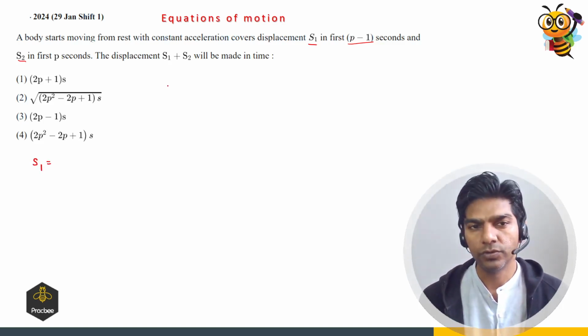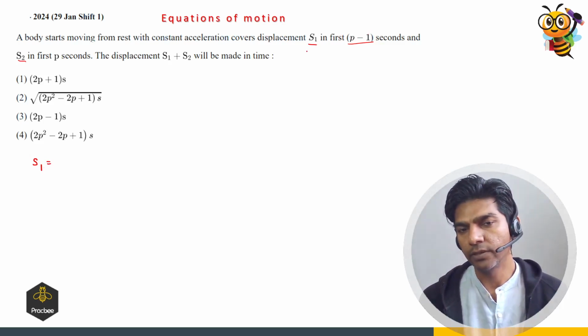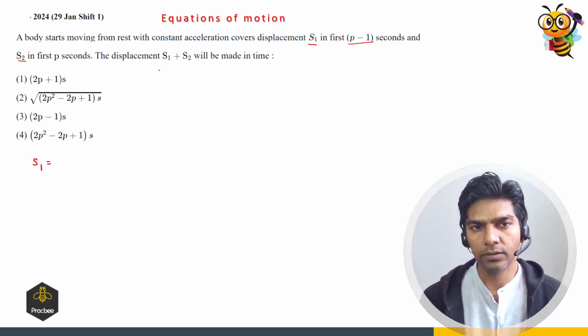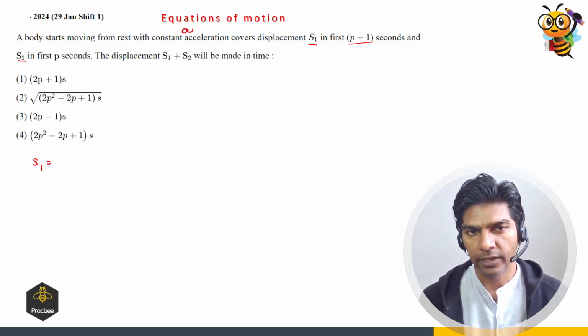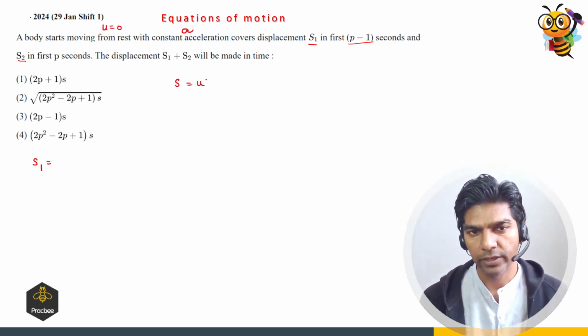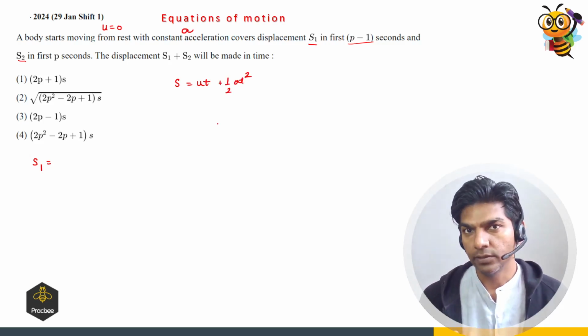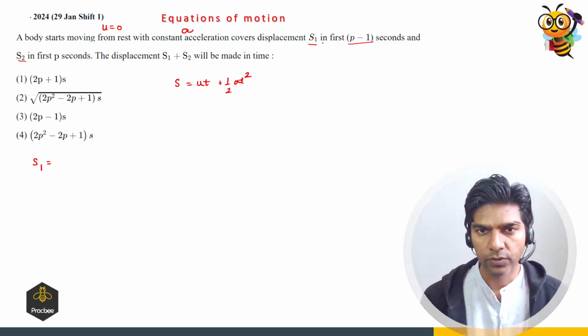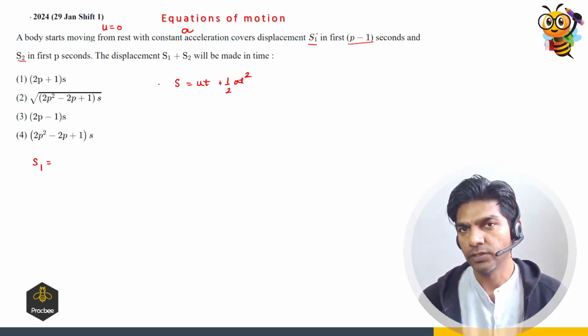So here I'm going to use which formula? Because time is given and the displacement is given, we can assume that the constant acceleration is a and the initial velocity is 0. So let us use s equals ut plus half at square. So I'm going to apply this formula 3 times: first for s1, then for s2, and then for s1 plus s2.